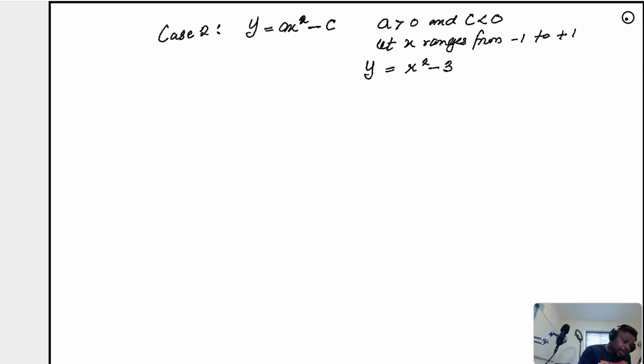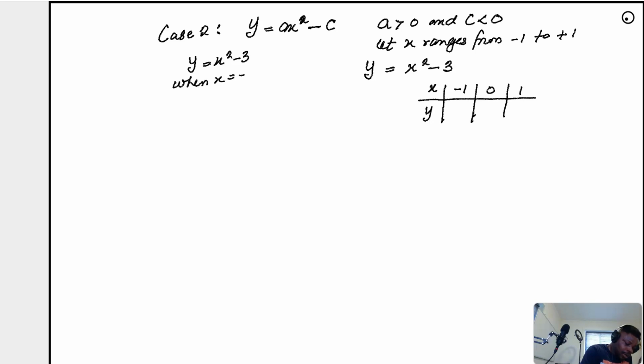Here I will quickly put a table: x and y, -1, 0, 1. Let's see the value of y. So here y is equal to x squared minus 3. When x is equal to -1, y is -1 squared minus 3. This is 1 minus 3, that is -2.